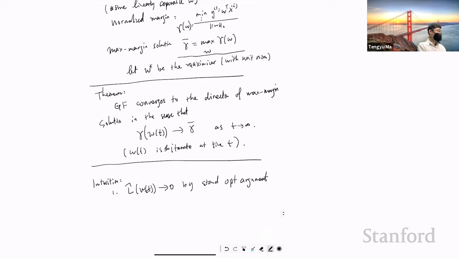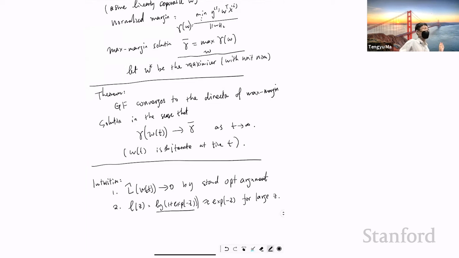So this is observation 1, and observation 2: this loss function, which we define to be the logistic loss, is actually close to exponential for large margin. This is just because you do Taylor expansion: log of 1 plus x is approximately x.